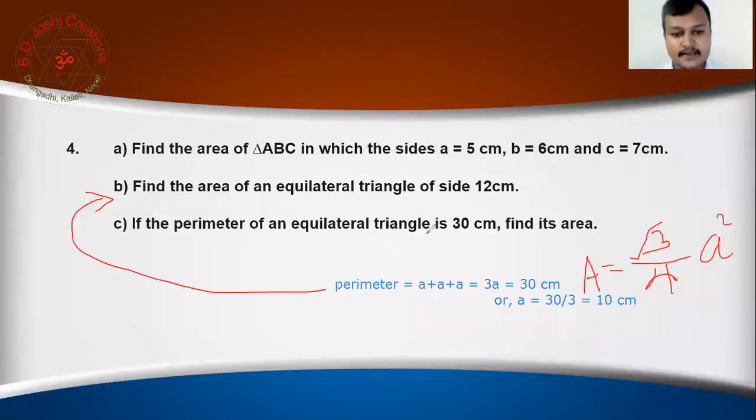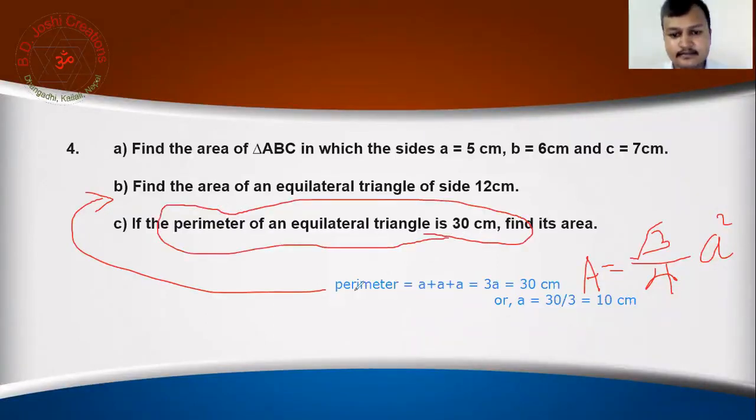The difference in this question is that the perimeter is given to us. Using this perimeter, at first we have to find the length of the side, and after finding the side, the area of the equilateral triangle is root 3 by 4 A square.